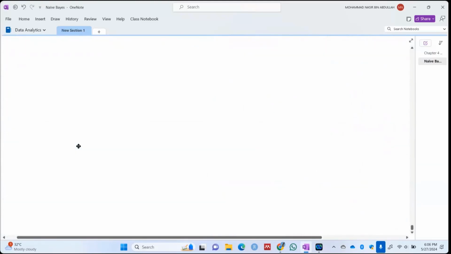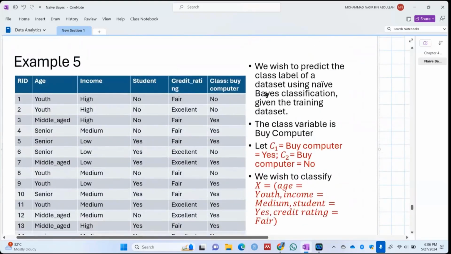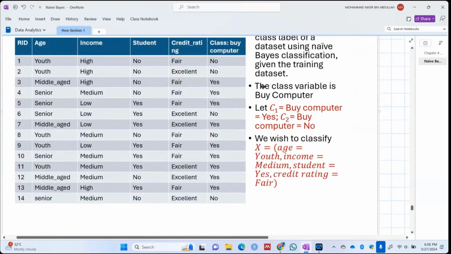Example number 5, same concept. This is a data set of buying a computer. The class variable is buy computer.